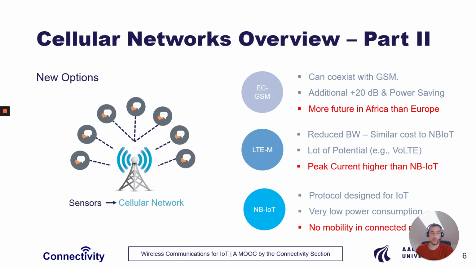And they are able to stay functioning for up to 10 years with just a couple of AA batteries. The bad thing about NB-IoT is that there is no mobility. You can move the IoT device from one place to the other, but it will need to reestablish the connection. So it's not meant to be used, for example, in a car. For a car, you might want to consider 4G, or the typical LTE, or most likely LTE-M will be a better choice for you, at least in the cellular network part.